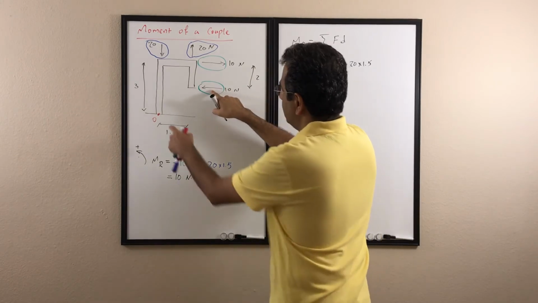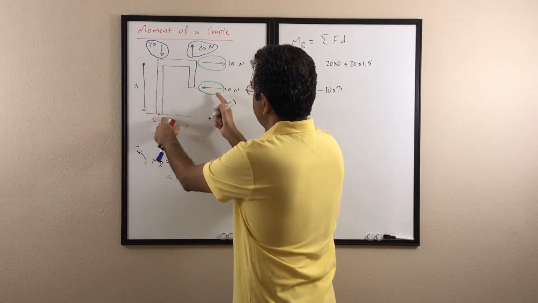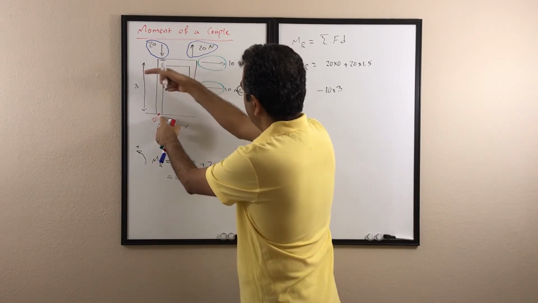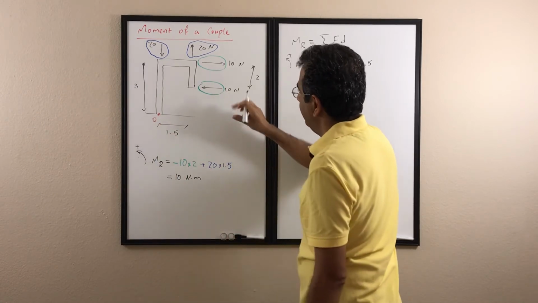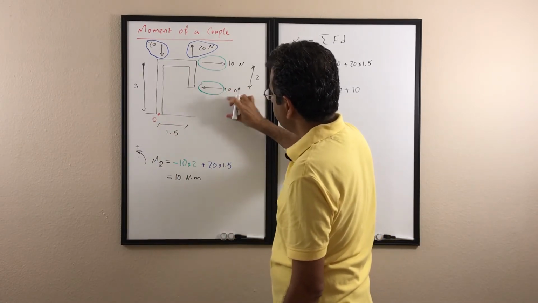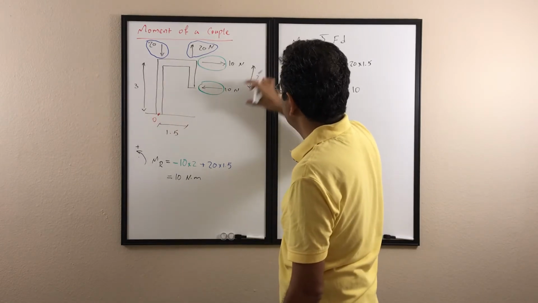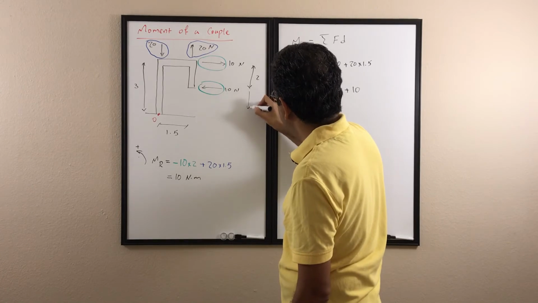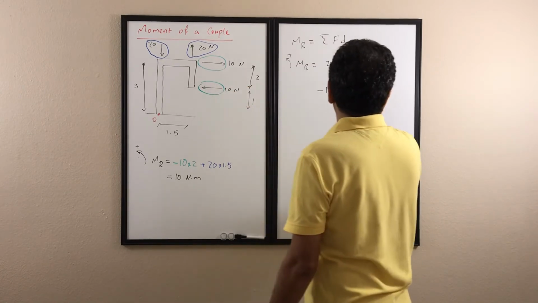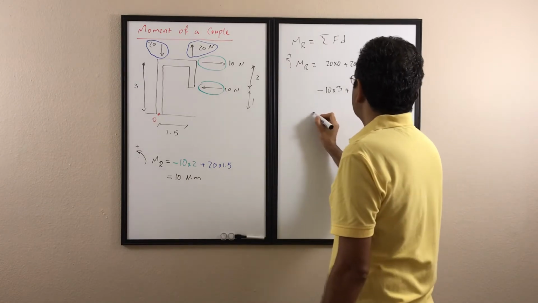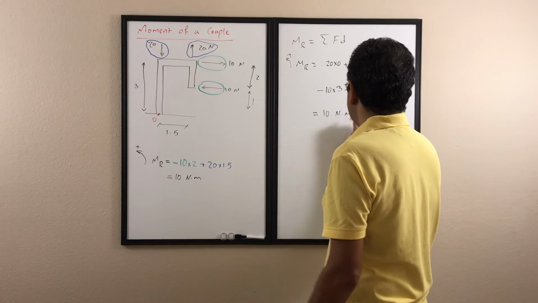And then this force wants to rotate the object counterclockwise with respect to point O, so it's positive. F is 10, and the total distance is 3 and this one is 2, so the normal distance from this force to point O is 1. We do the calculation, and this one is again 10 Newton meter.